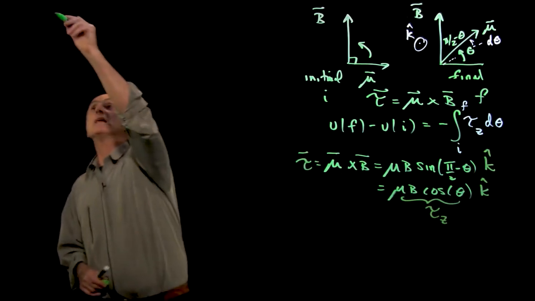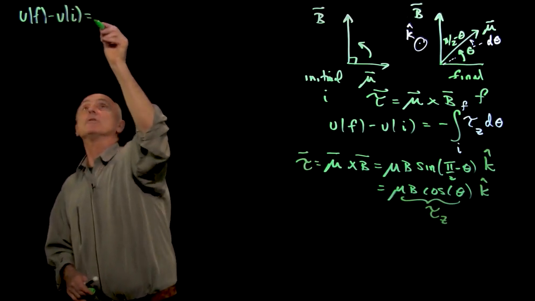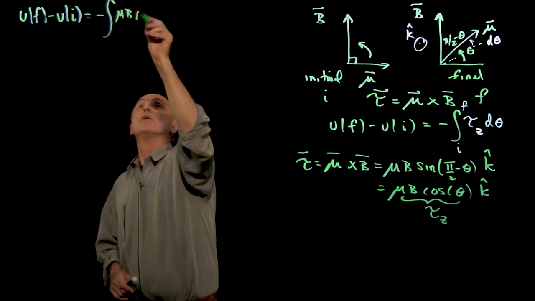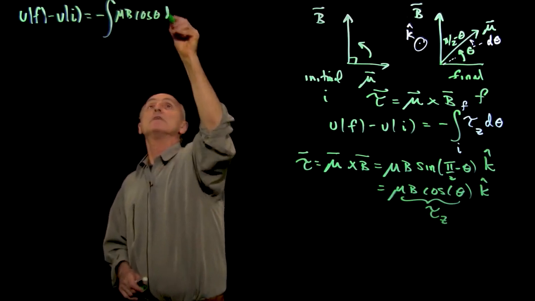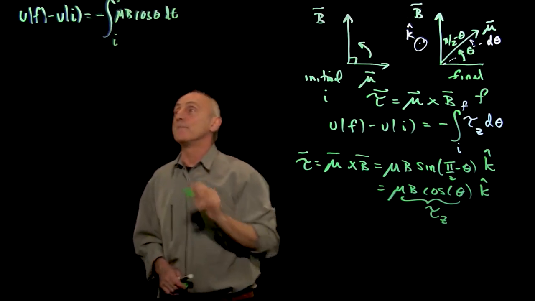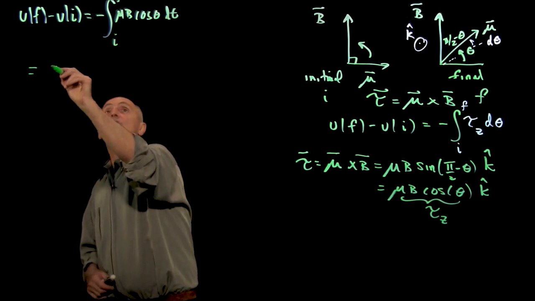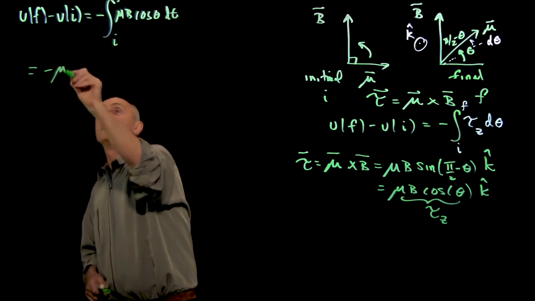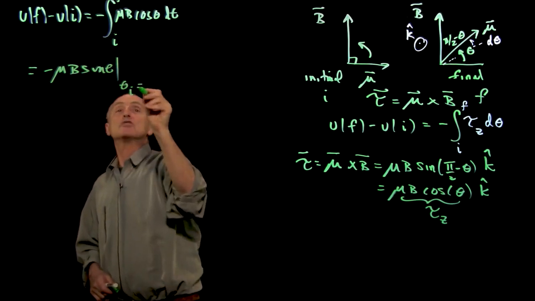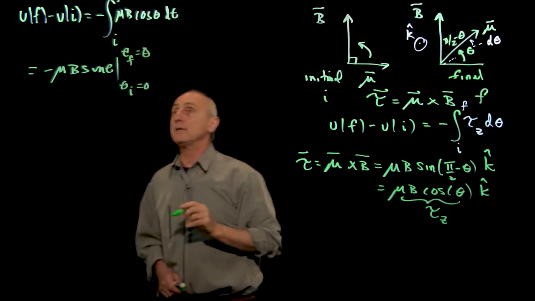So now we want to integrate that. Final minus initial equals the integral of minus mu B cosine of theta d theta from initial to final. And what we get here is minus mu B sine of theta from theta initial equals 0 to, let's make this some arbitrary angle theta.